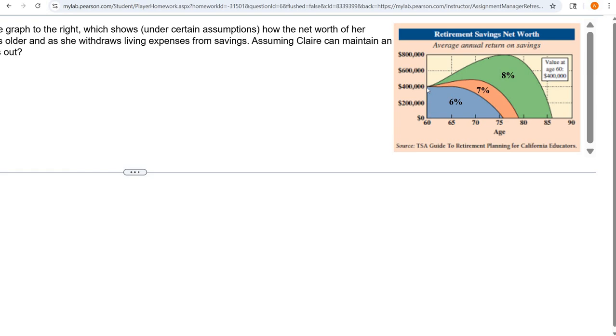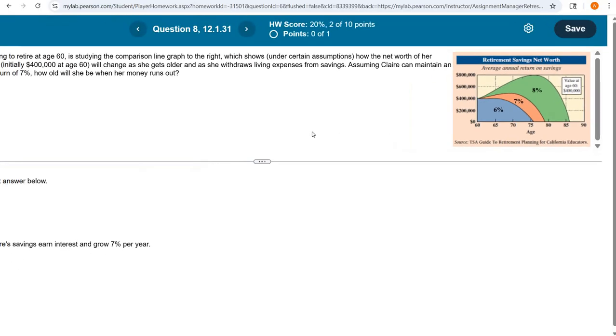So at age 60, it looks like she starts out with 400,000. If the rate of return on average was 8%, it would climb to 800,000, but then she's older, right? So she needs to draw on it, and so it drops off. And it looks like it runs out here when she's like 86. If it was only a 7% return, that 400,000 would run out before she was 80. And if it was 6% return, just after she was 75.